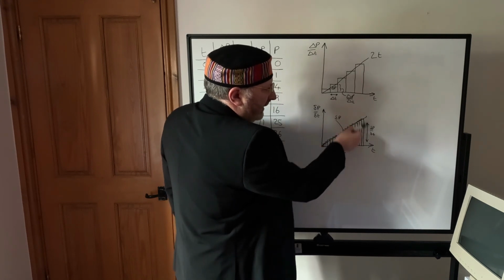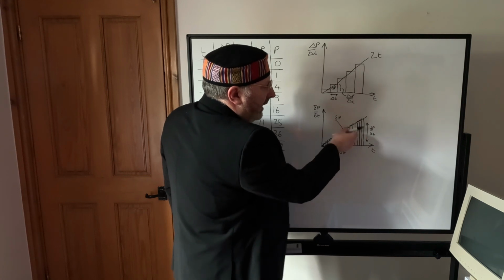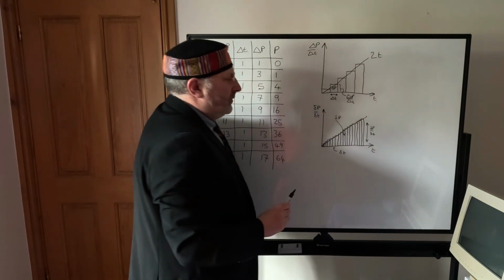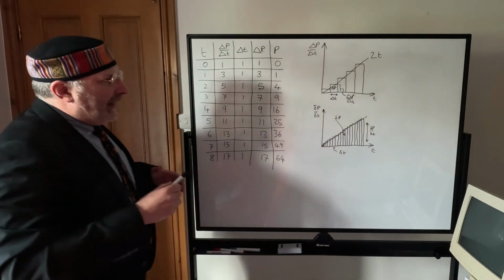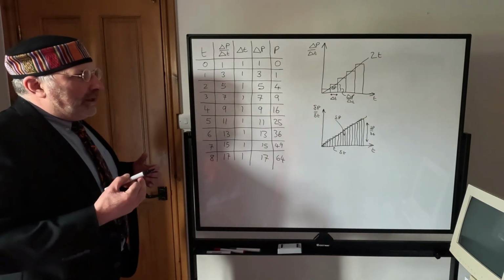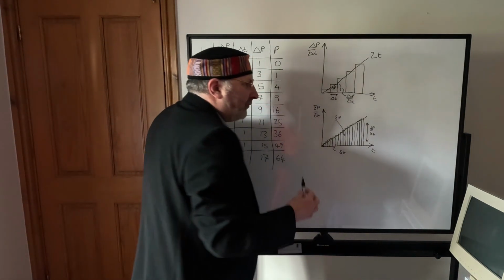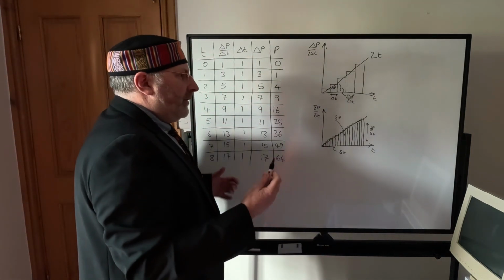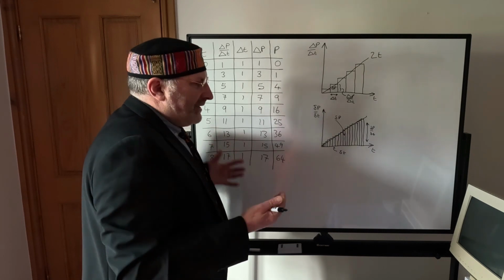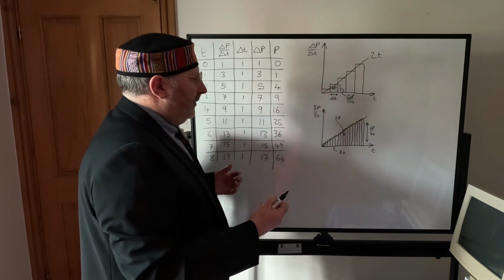But we're basically finding the area of this triangle here underneath this line of 2t. And we know that we can get as exact as possible by making delta t as small as possible. And we said last time, basically 0 or infinitely small.